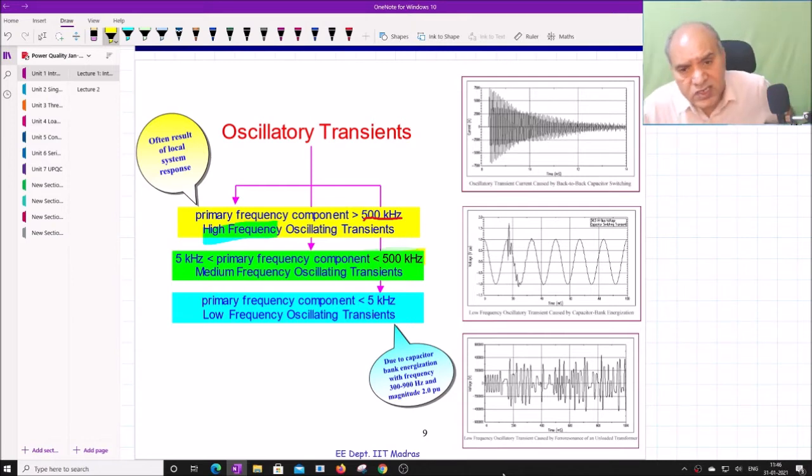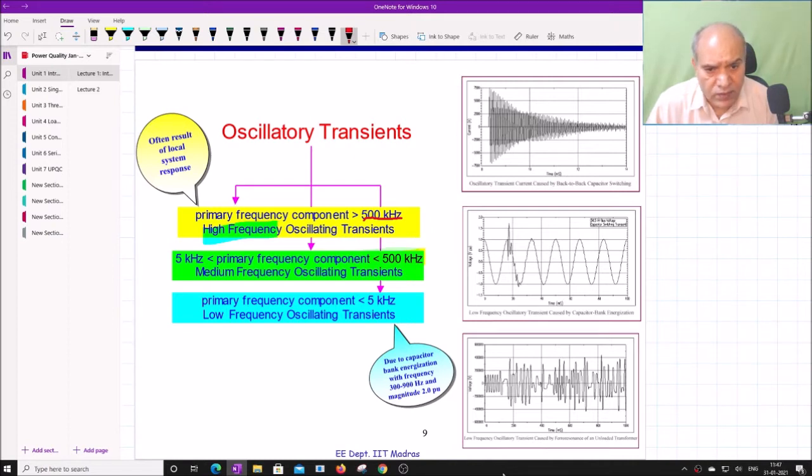Some examples are shown on the right side of the figure. The first one is an oscillatory transient caused by back-to-back capacitor switching. So we have capacitor switching in the system, and that brings oscillations in the system at very high frequency.